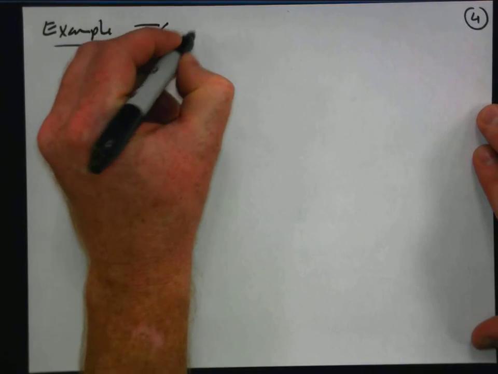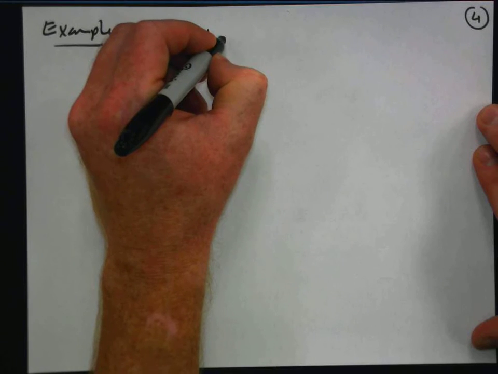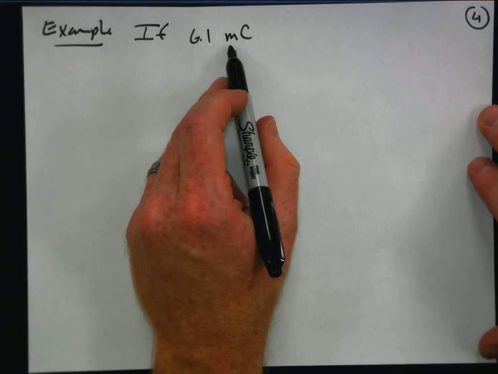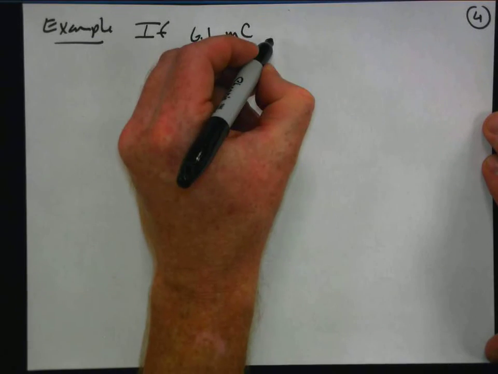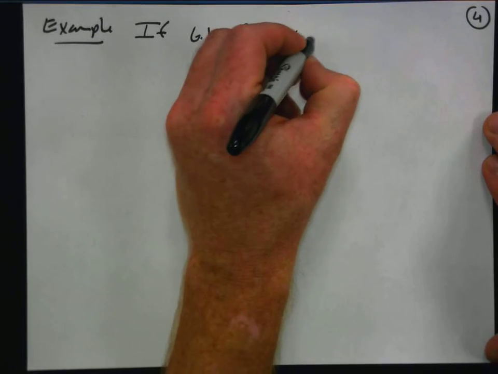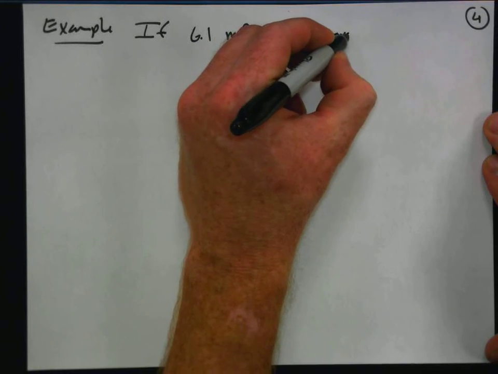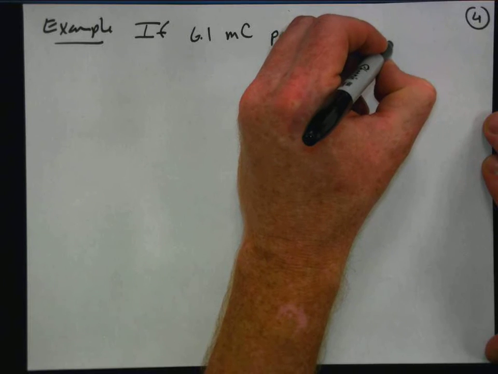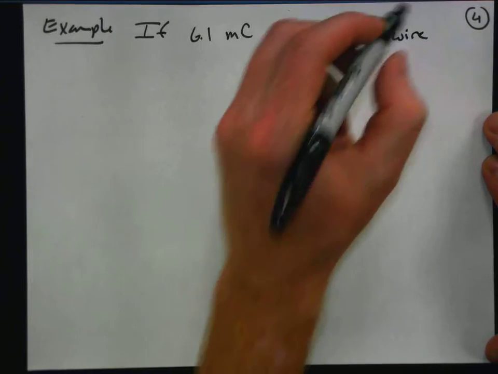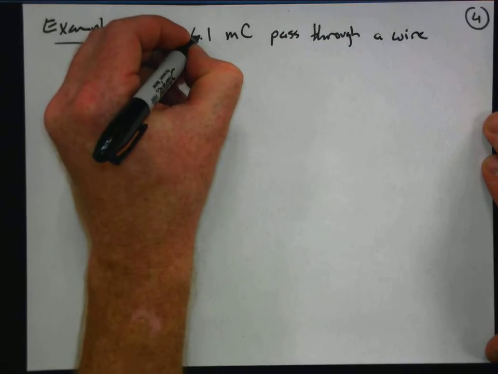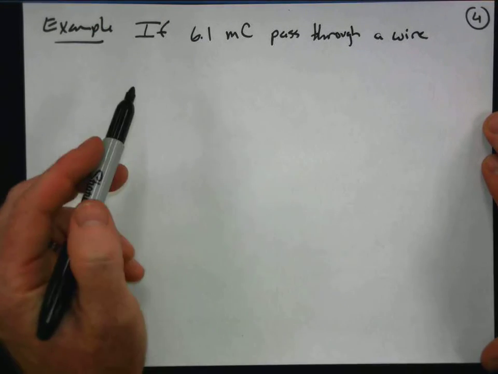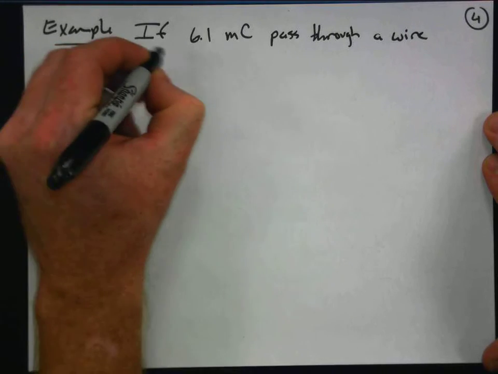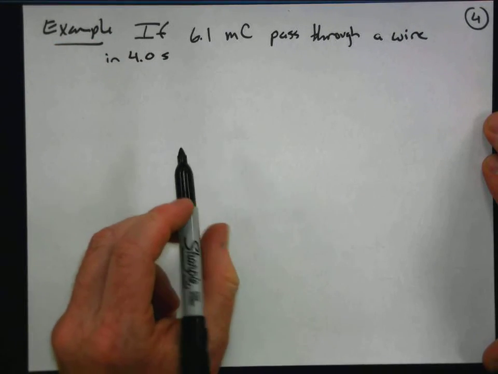If 6.1 millicoulombs, that M is in millicoulombs, pass through a wire. Typically electric current is going to be sent through wires, right? If 6.1 millicoulombs pass through a wire in 4 seconds, 4.0 seconds, what is the current in the wire?